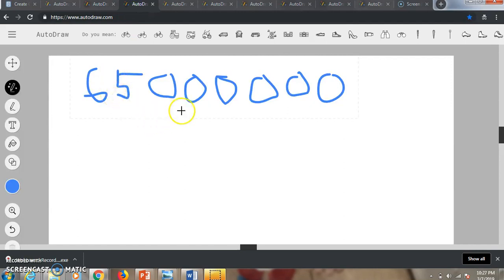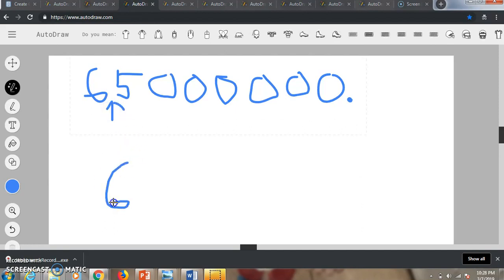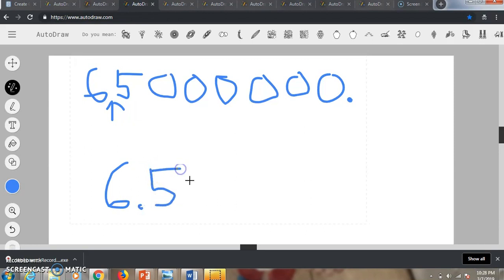Next one is a little different. This number is bigger than 1. Remember there's no decimal written here, but the decimal technically would be here at the end. So you're going to need to make the decimal here between the 6 and the 5. This time in the scientific notation, the number for the exponent is going to be positive because this is greater than 1.